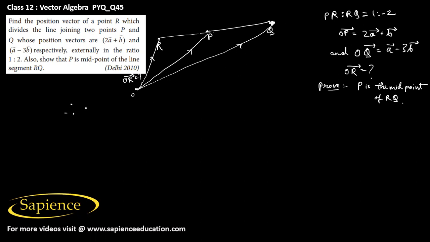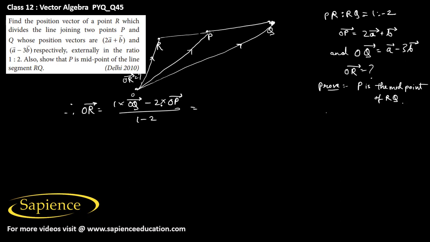So now, the position vector of the point R, since it divides PQ in the ratio 1:2, will be 1 into OQ vector minus 2 into OP vector divided by 1 minus 2.